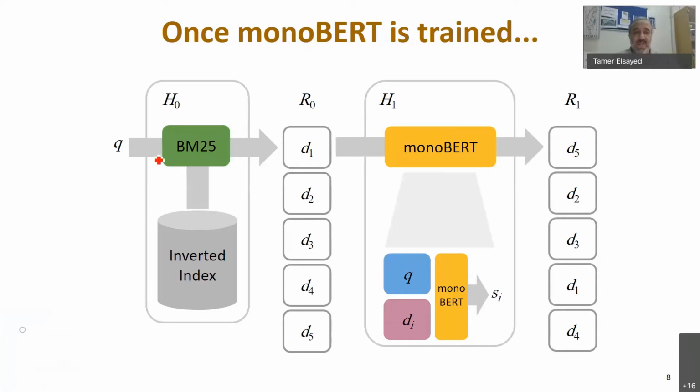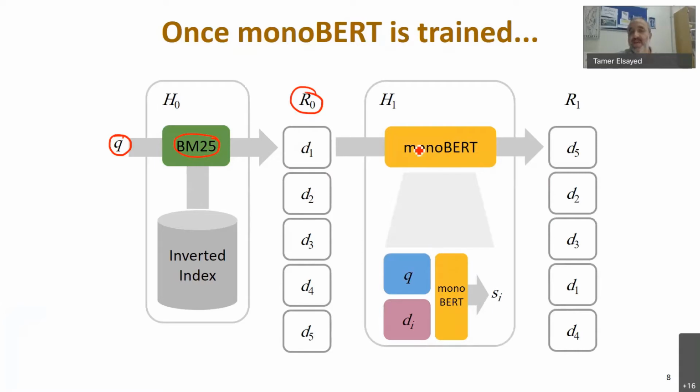So you see here that this is the input query, and the input doesn't go to MonoBERT; it goes to a standard static ranking model like BM25. BM25 will give us the initial ranked list R0. Then this initial ranked list will go through the second phase.